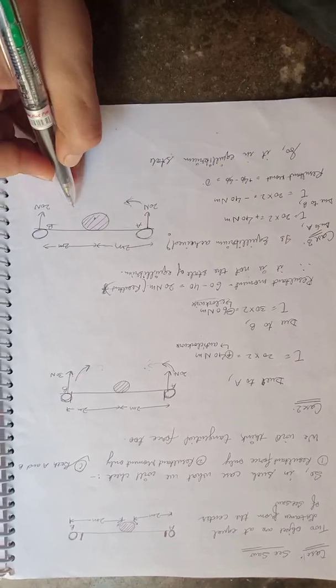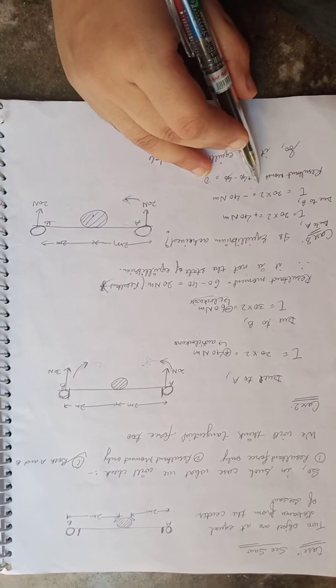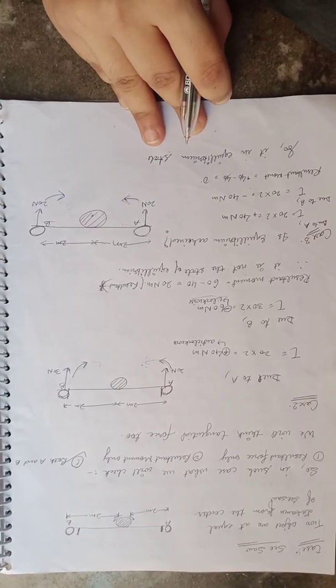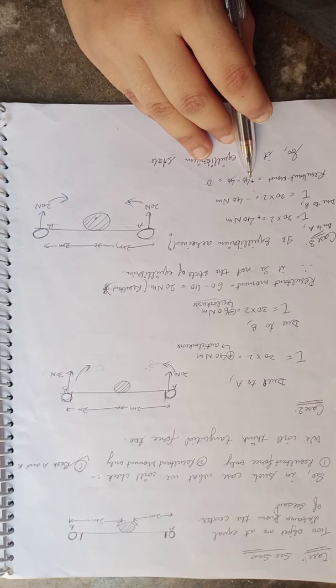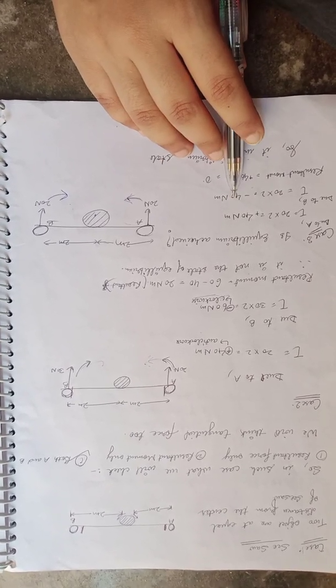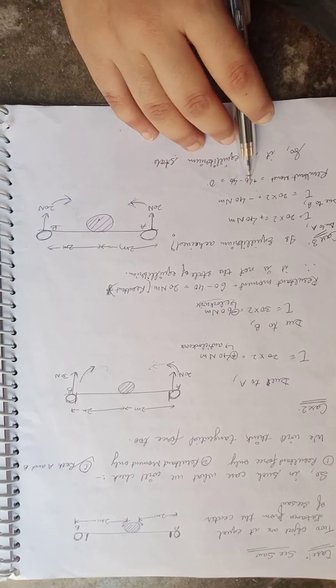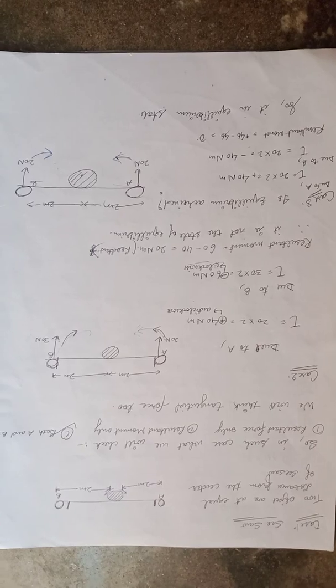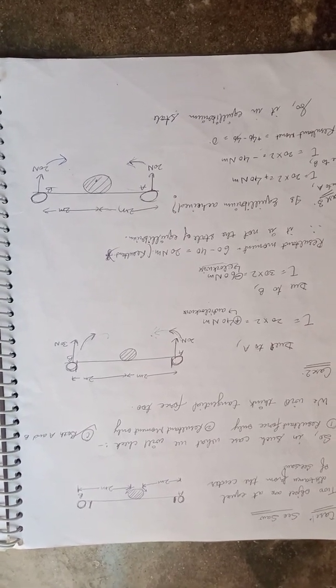Due to B, the torque is 20 into 2, that is minus 40 newton meter, because it is moving clockwise. And the resultant moment, how are we calculating? 40 minus 40, this 40 minus this 40, we will get the answer as 0. So you can say that it is in equilibrium state.